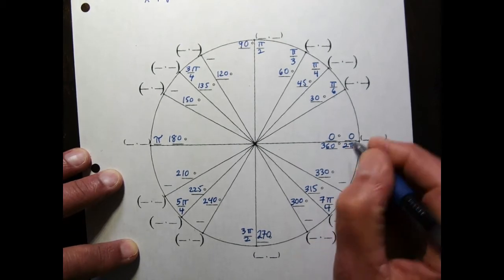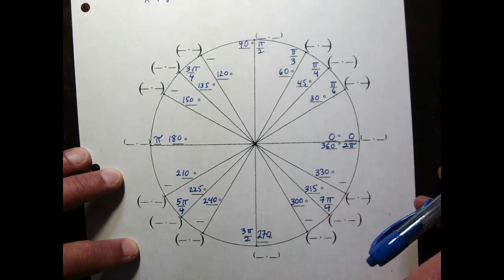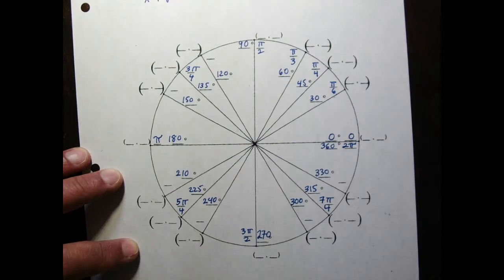And then 8 pi over 4 would be 2 pi. So if you can count those multiples of pi over 4, you can hit the angles we just marked.